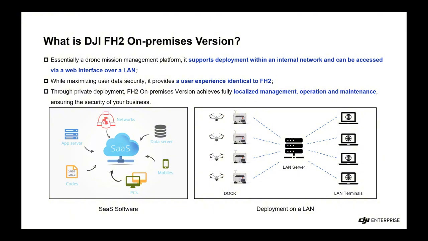What does this mean? As I mentioned, the public version of FlightHub 2 is SaaS, software as a service. You don't actually have a computer to run the software. The public version is hosted on AWS, so all you need to do is access it.